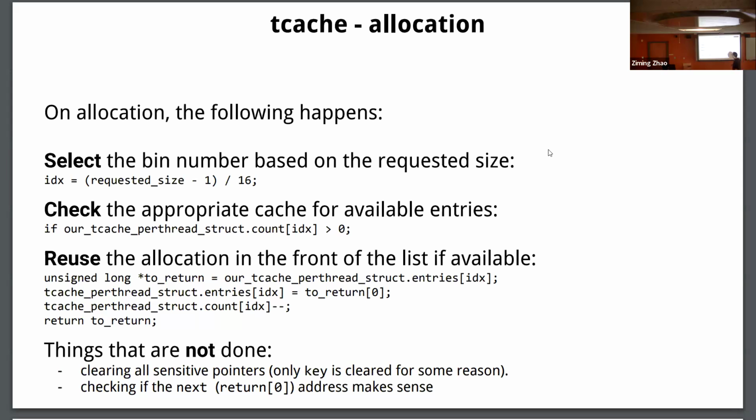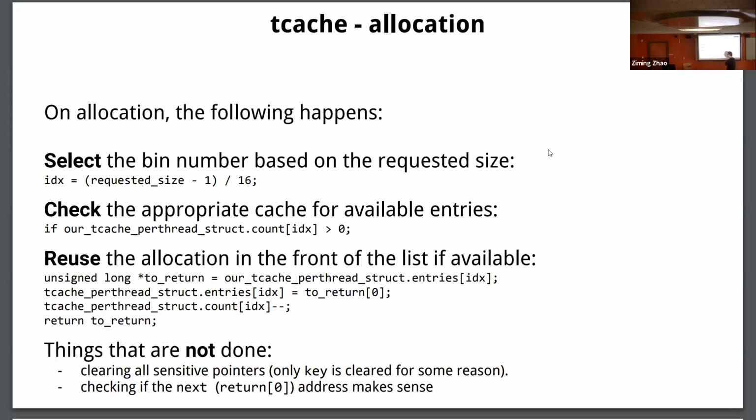Let's say, first, depending on how many bytes the program is requesting, we find the index. Then we check if, for that size, we do have an available entry. If we do not have an available entry, we may go for a bigger bin, because a bigger bin can still be split into smaller memory chunks, or we can go to the wilderness chunk to do that.